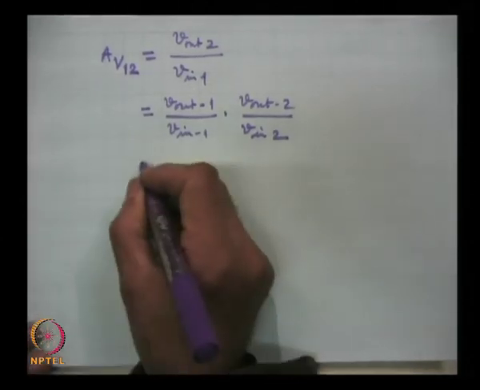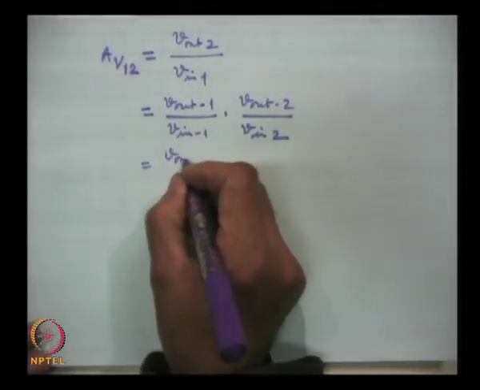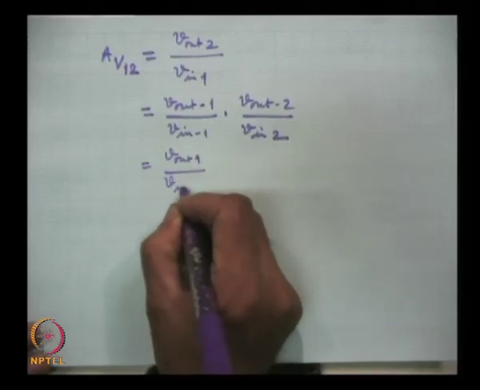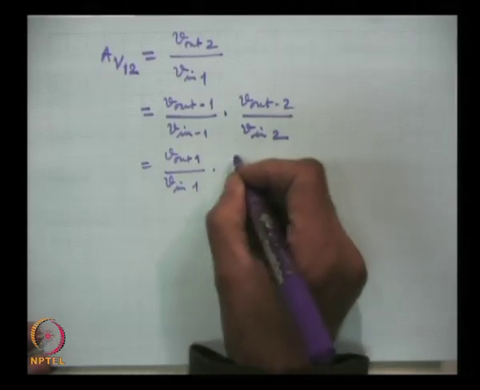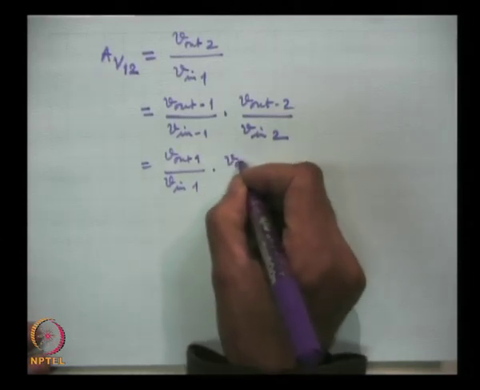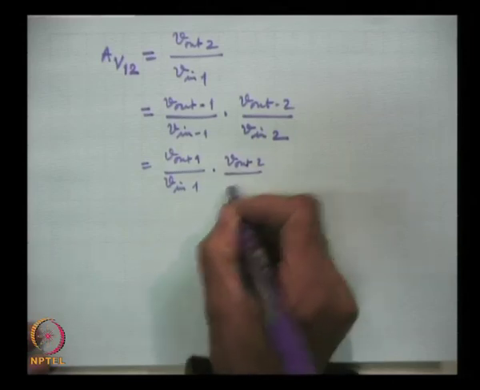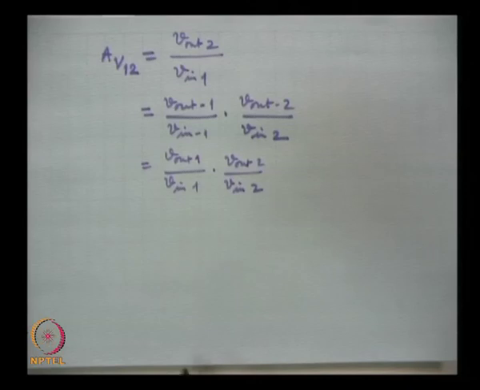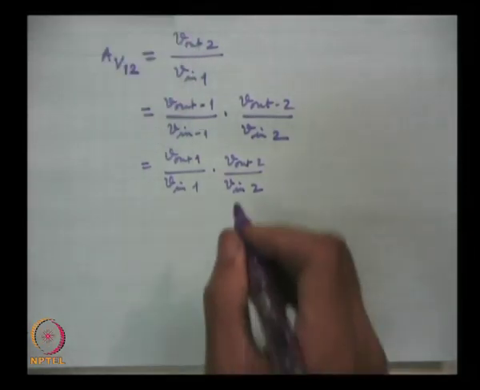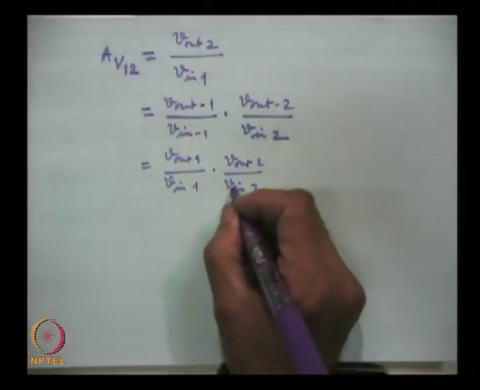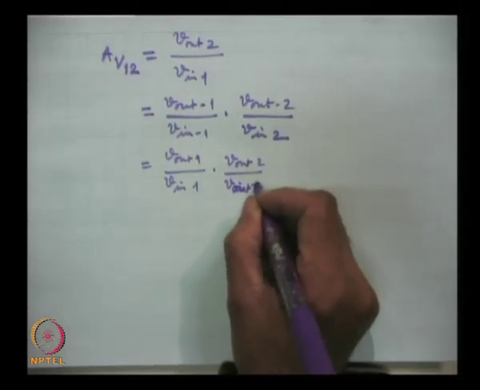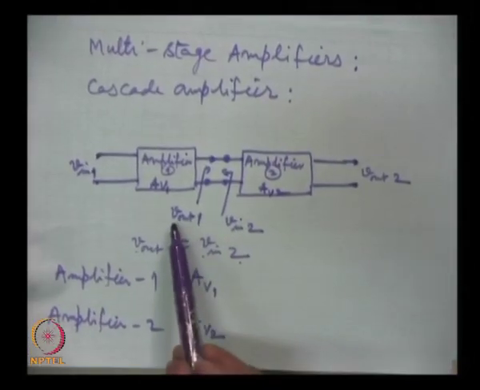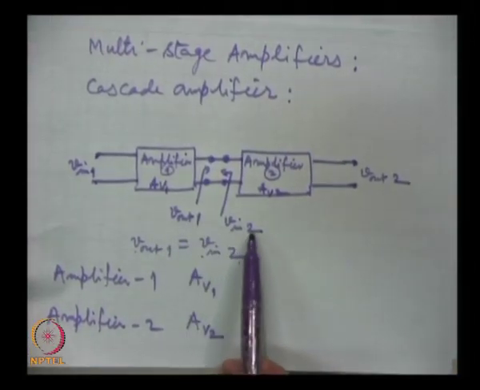So, this is further V out 1 by V in 1 and V out 2 by V in 2, because V out 1 is equal to V in 2.